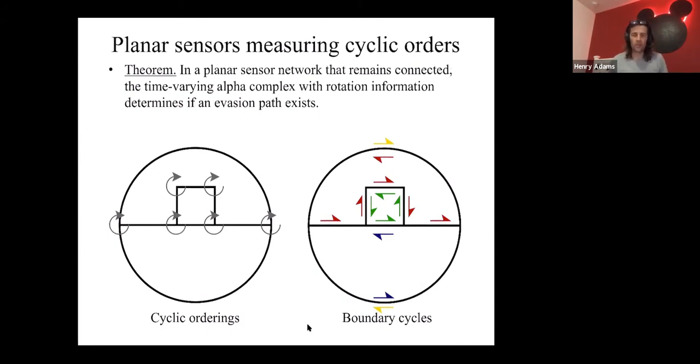So our theorem is the following. In a planar sensor network that remains connected, so it never splits up into parts, the time-varying alpha complex, which I'll describe briefly, when equipped with this rotation information, the cyclic ordering, determines if and only if an evasion path exists or not.